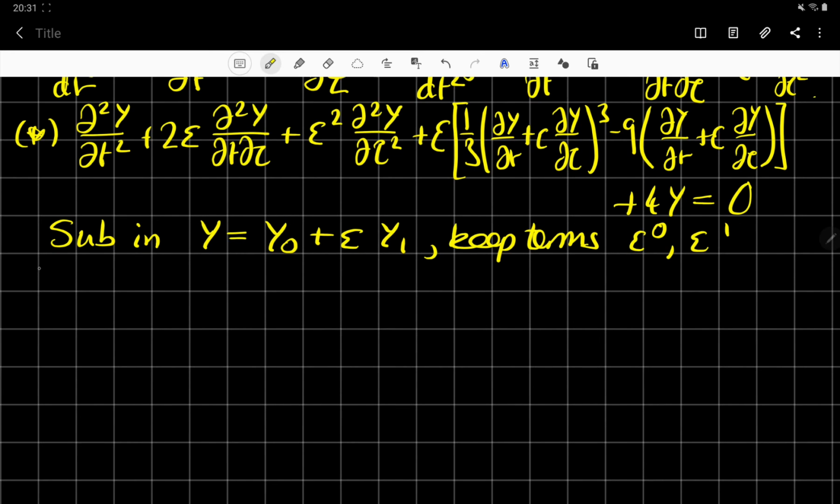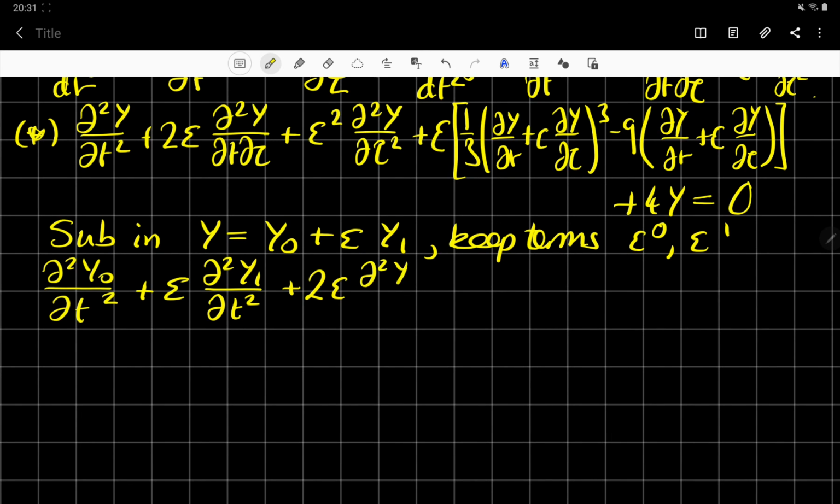So that gets me d²y0/dt² plus epsilon d²y1/dt² plus 2 epsilon d²y0/dt d tau. Now my damping terms already had an epsilon in them, so I'm only going to keep the y0 terms from them.